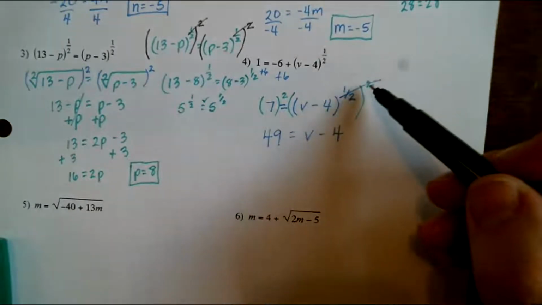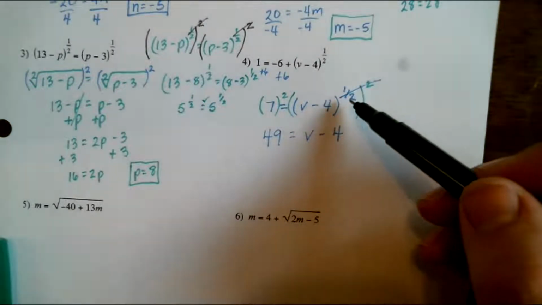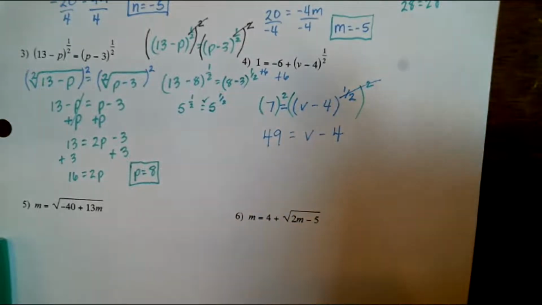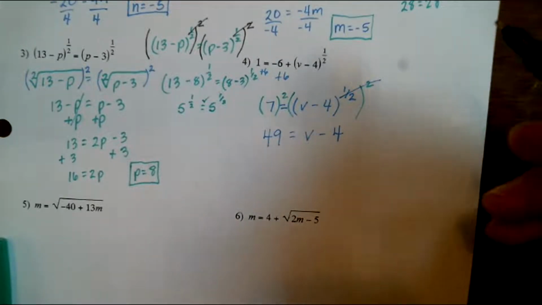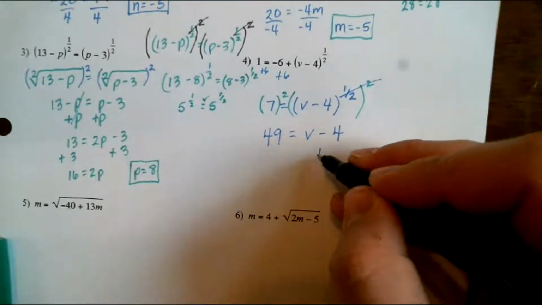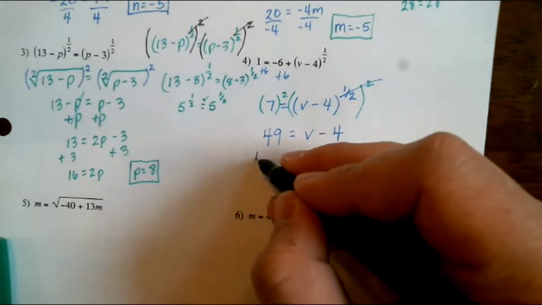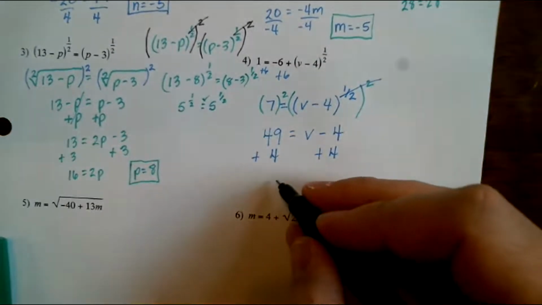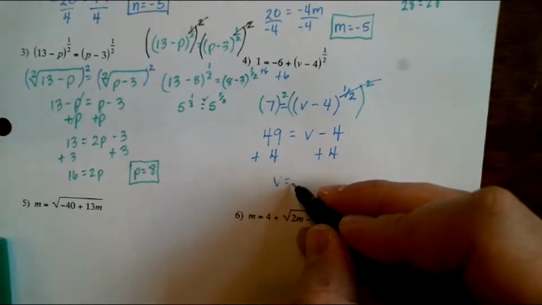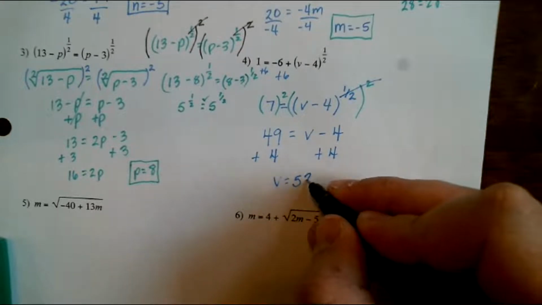That cancels, or they multiply to equal 2 over 2, which is just 1. I add 4 to both sides. I get v is equal to 53.